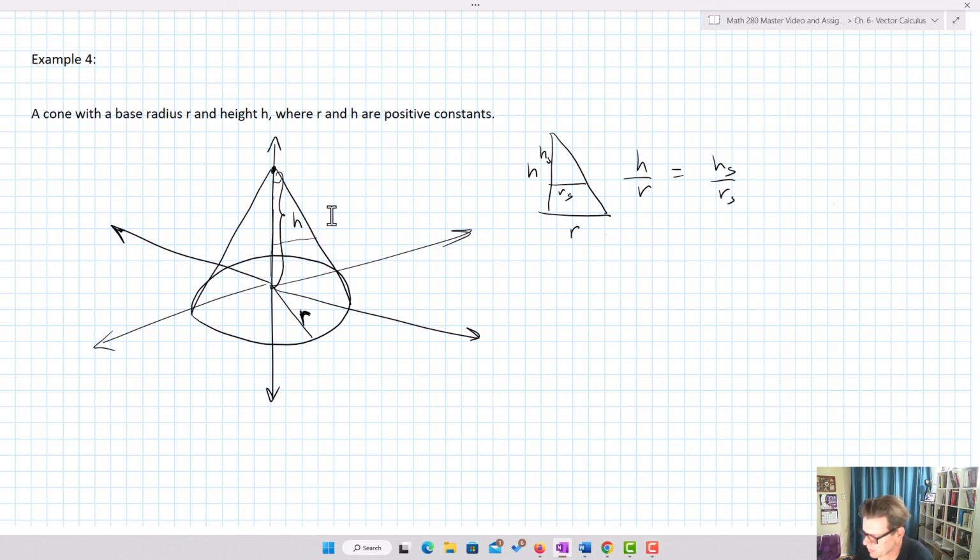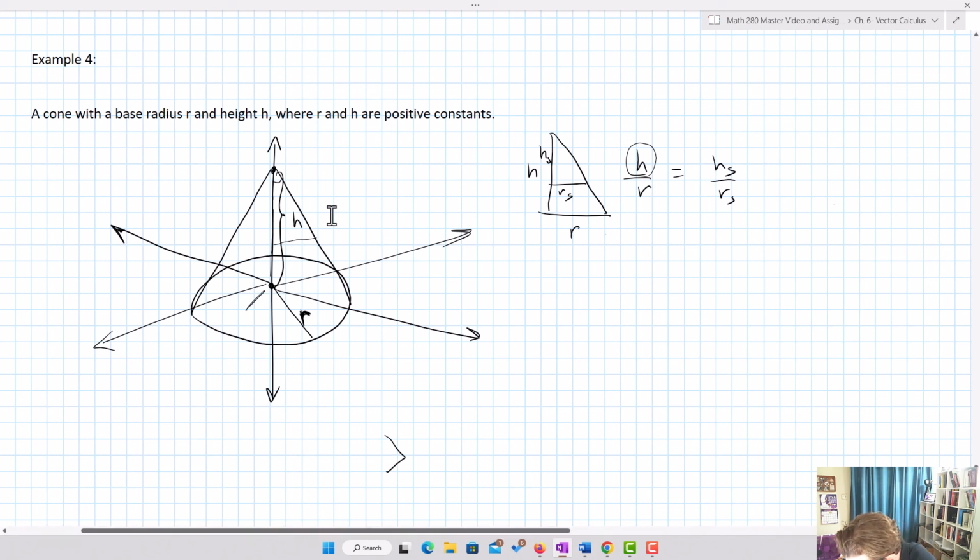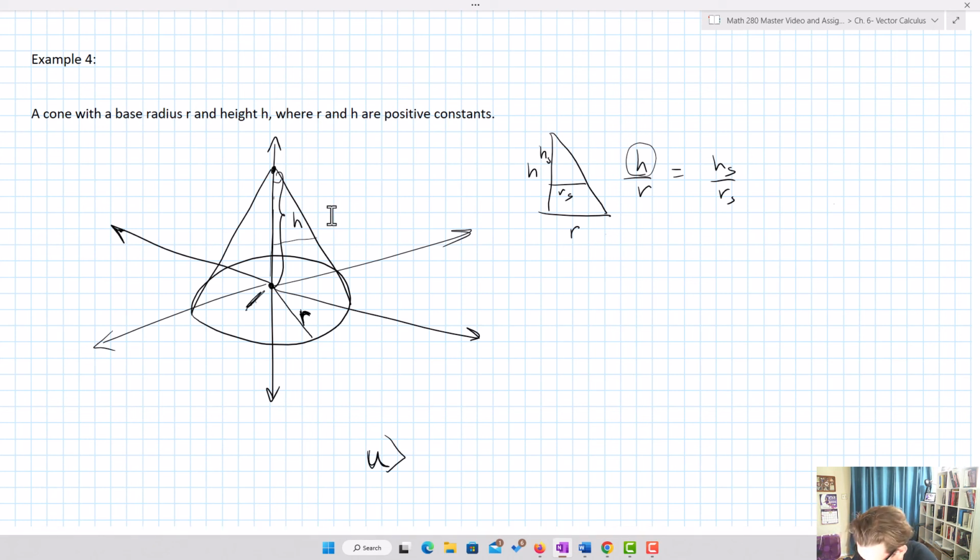So what I'm going to have to figure out, in terms of my U and my V, is what my height is. If we set, for example, in our parametrization, Z equal to U, then basically we're going to go from 0 up to the height here.